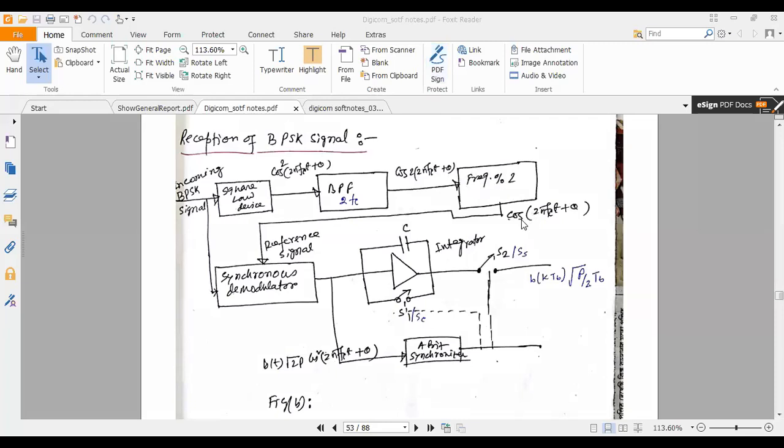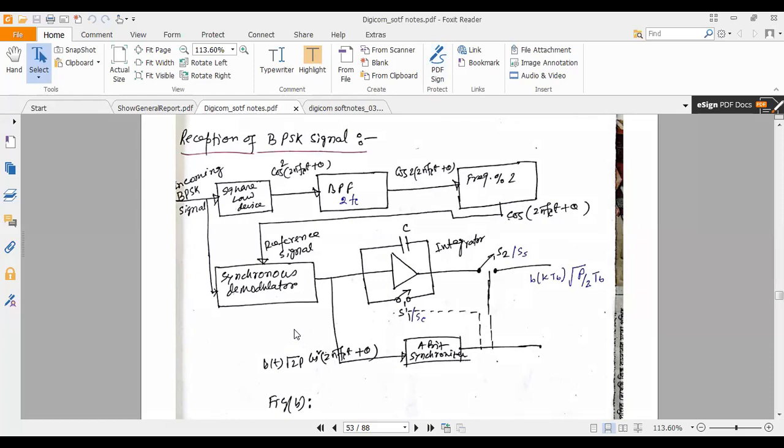So now what will happen here? We are getting the same carrier, cos 2 pi fct plus theta. That is coming to a synchronous demodulator, because here we are going to design a synchronous demodulator circuit or coherent detection technique like your DSB-SC signal. So what does coherent detection or synchronous detection mean?